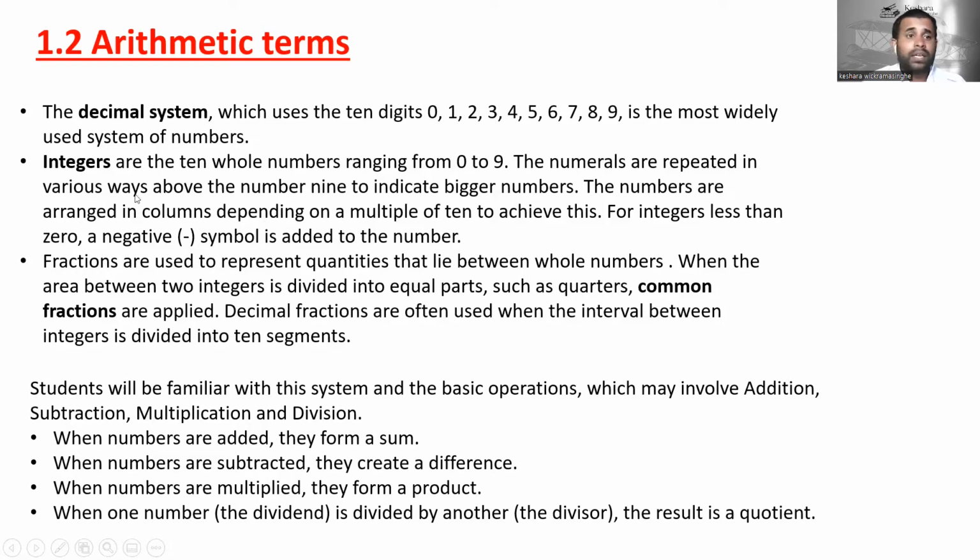The numerals are repeated in various ways above the number 9 to indicate bigger numbers. The numbers are arranged in columns depending on a multiple of 10 to achieve this. For integers less than 0, a negative symbol is added to the number. It means if the integers are less than 0, we add a negative symbol. Example: -1, -2, -3, like this.